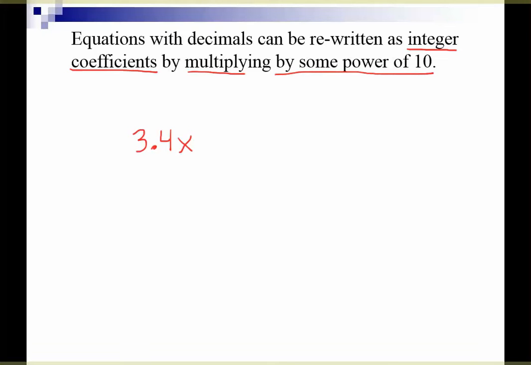What do we mean by power of 10? Well, let's look at the basic powers of 10. Here are some common ones. 10 to the first, 10 to the second, 10 to the third.